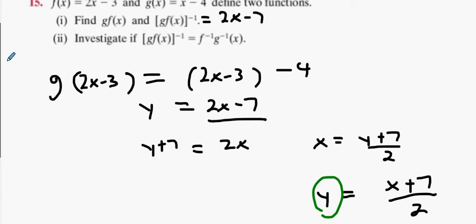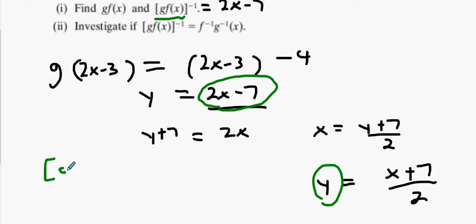What's it called? gf of x inverse. Because remember, this function here, the 2x minus 7, is gf of x, isn't it? So this whole answer here is g after f of x, its inverse function, is equal to x plus 7 all over 2. We good so far?